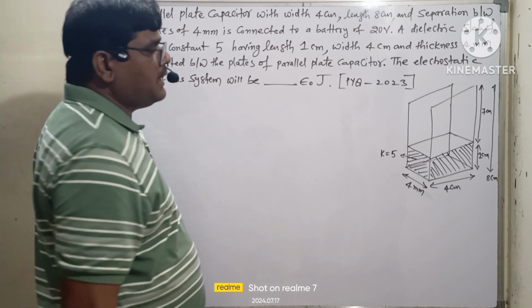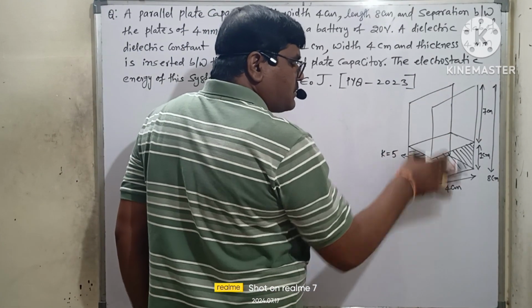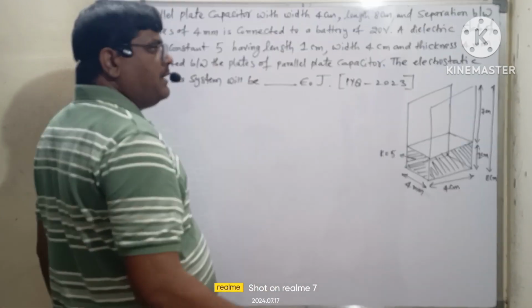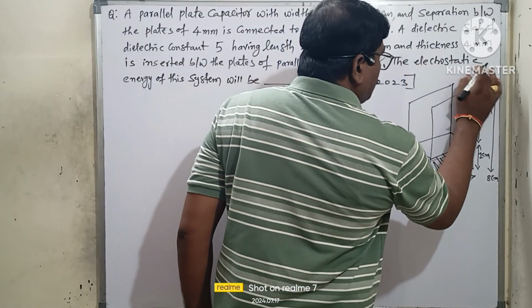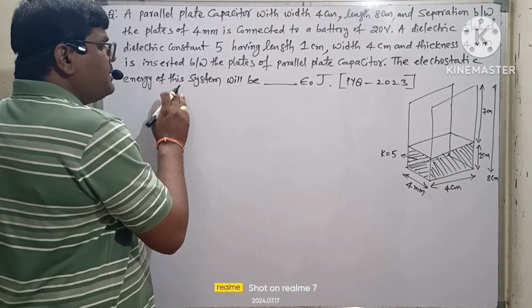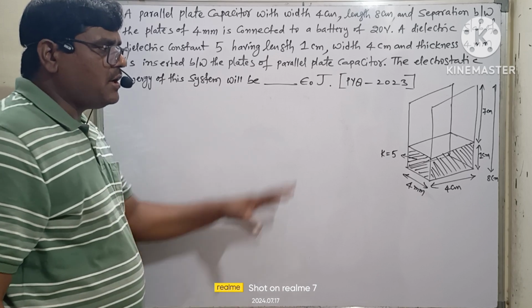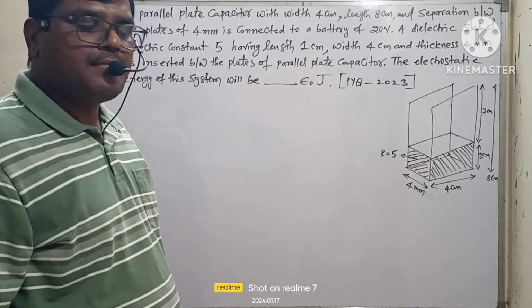Now we have to find the capacity of this combination, and then the electrostatic potential energy of that combination.